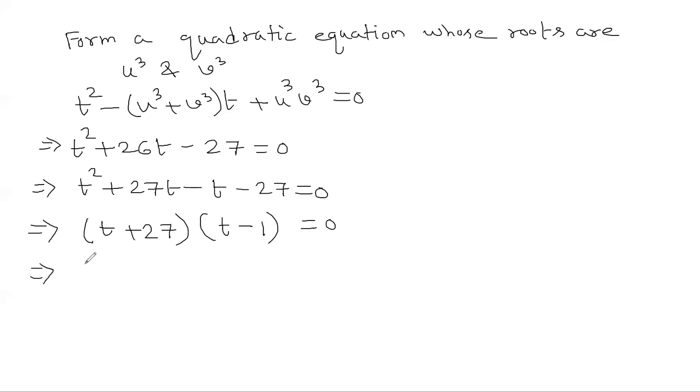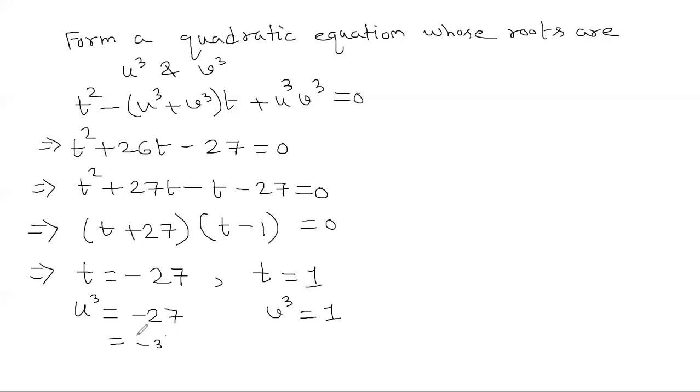Okay, so what is our t? So it is minus 27 and it is 1. Okay, now you see u cube and v cube are the two roots of this equation. So I can equate one of them to minus 27 and the other one to 1. Okay, so what is u? So here you can see I can write this as (minus 3) whole cube. So u is equal to minus 3 and v is equal to 1.